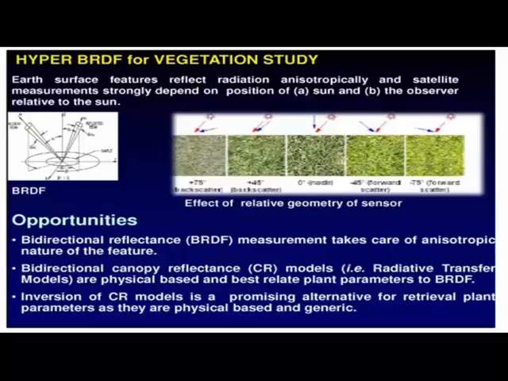The sensor position or source position is given by zenith and azimuth. Zenith is how much it is deviating from the normal. If the sensor is just on top of you, that is 0 degree, just above nadir, that is 0 degree.